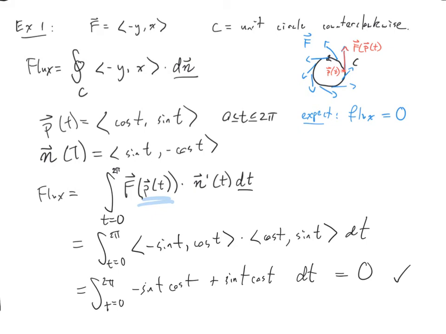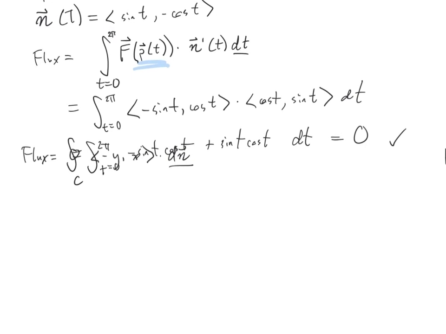Let's point out, though, that I could also have computed this flux integral using Green's theorem. So what if instead of computing it by parameterizing it, I tried to pass to a two-dimensional integral using Green's theorem? So let's do that.